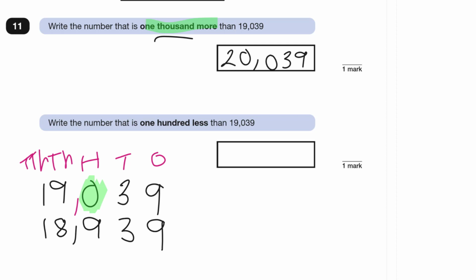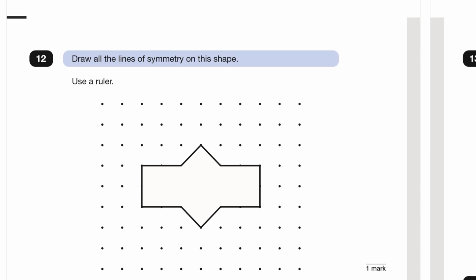If there's nothing in the hundreds to take from, we take one of our hundreds from our 9,000. So we had 9,000, and now I've got 8,900. So my answer here is 18,939.